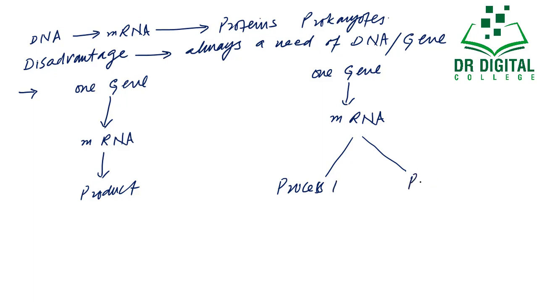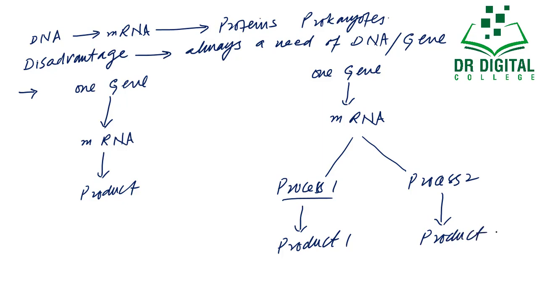Process 1, this is process 2. In process 1 there will be the formation of product 1, and after the end of processing 2 there will be product 2. So alternative processing can give you more than one product.